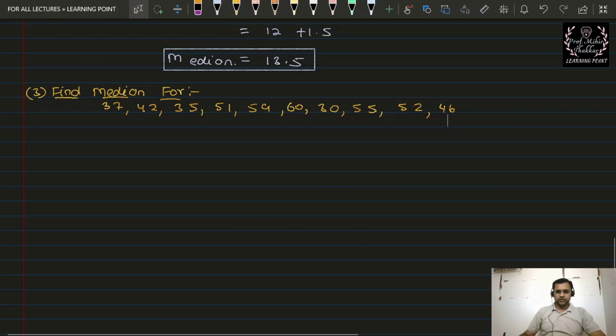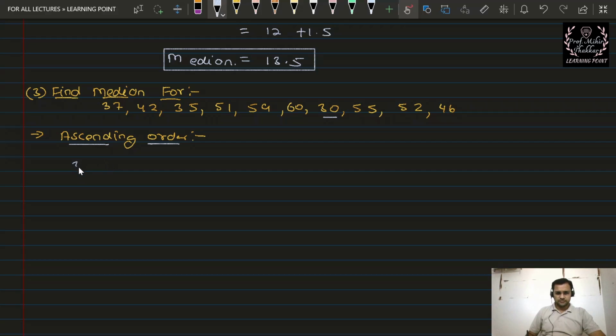Let's understand one more example for median when the number of observations is an even number. In this case, once again, I will first find the ascending order. The smallest observation available over here is 30. Next you have 35, then 37.